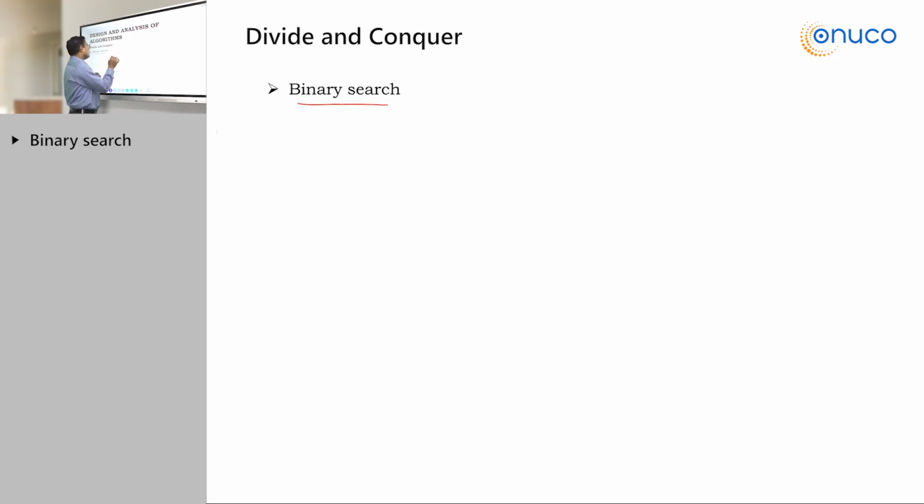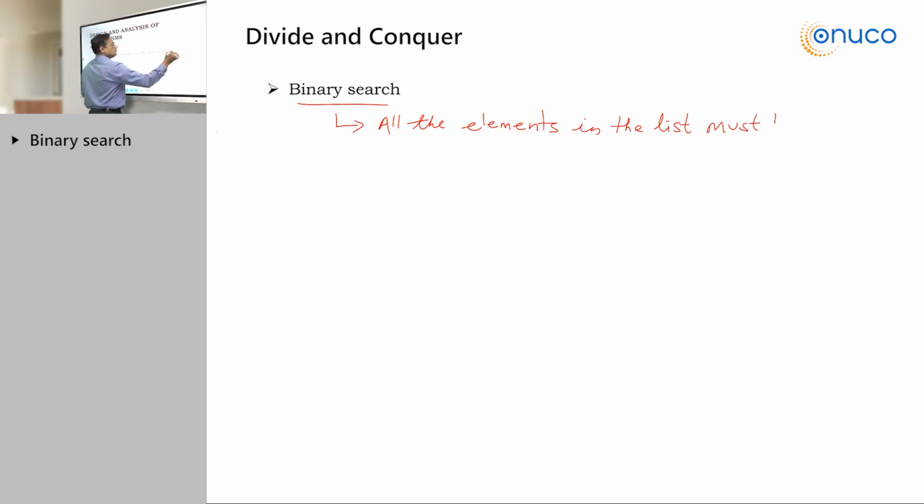First, the condition for binary search is that all the elements in the list must be in sorted order.